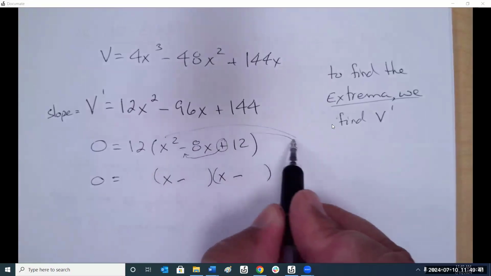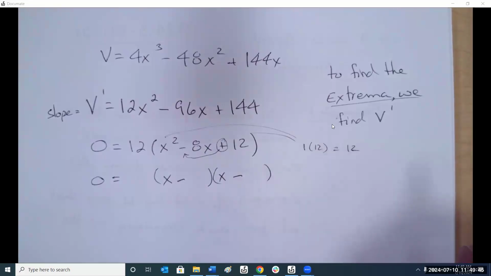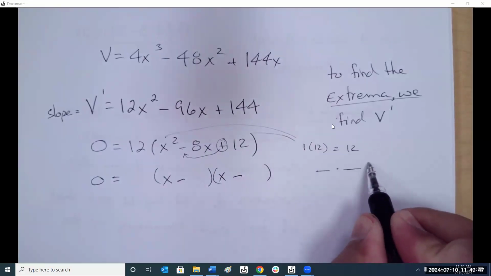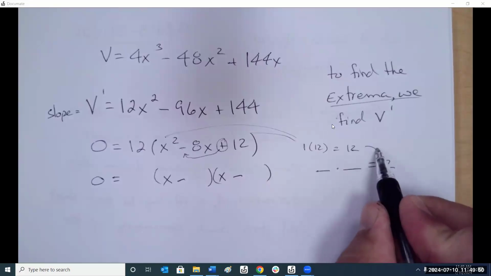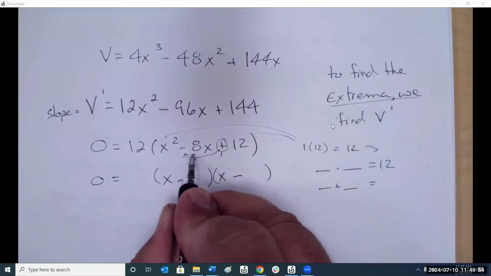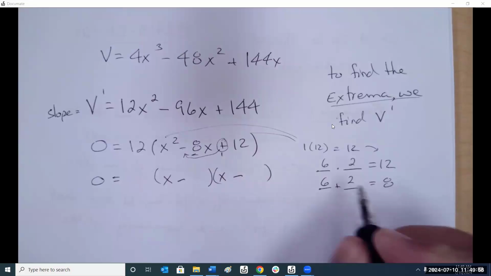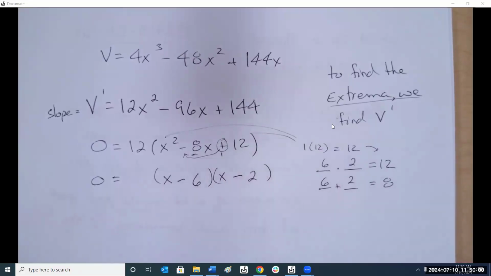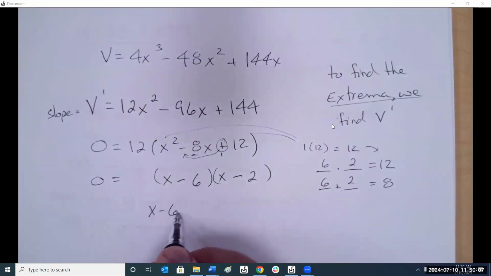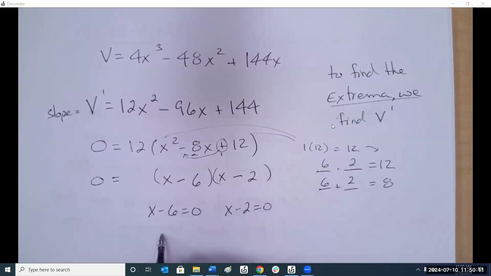Take the first and last coefficients. 1 times 12 is 12. So what times what equals 12? When we add them, we get 8. Set both of those equal to 0.